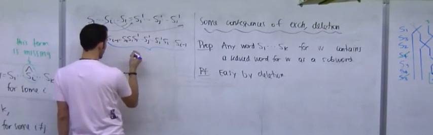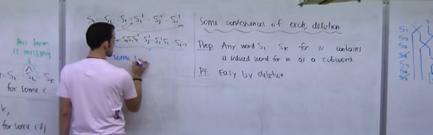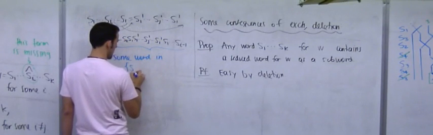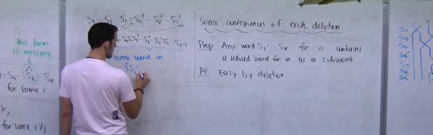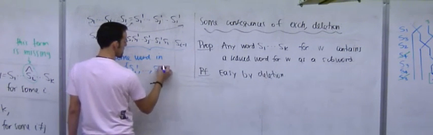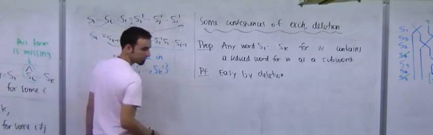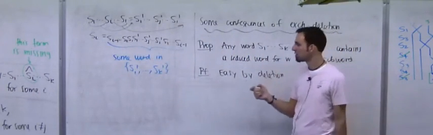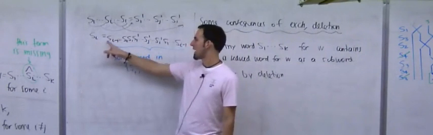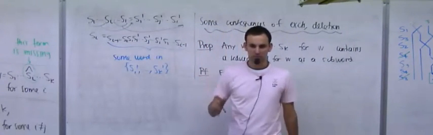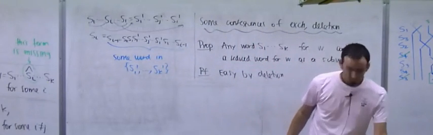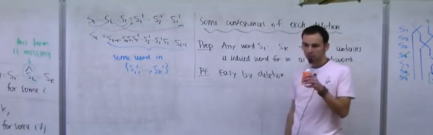This is some word in the s primes. I just managed to express si, which is not one of the s primes, as something in terms of the s primes. Okay? Is that clear so far?